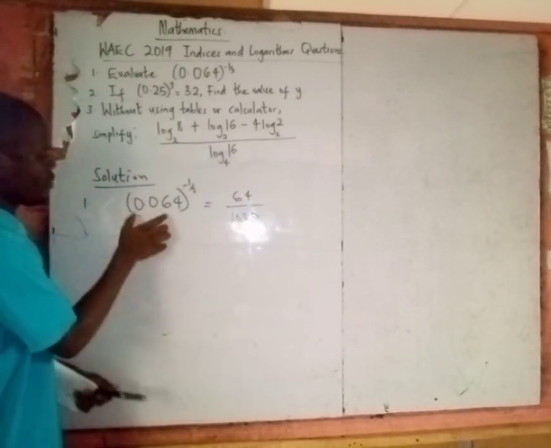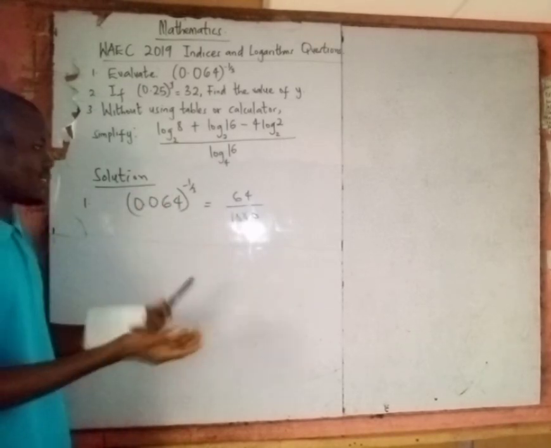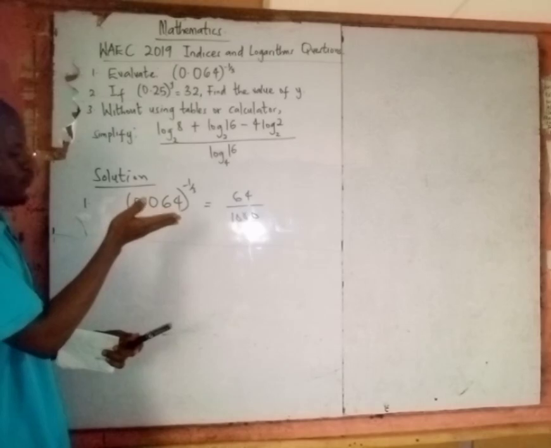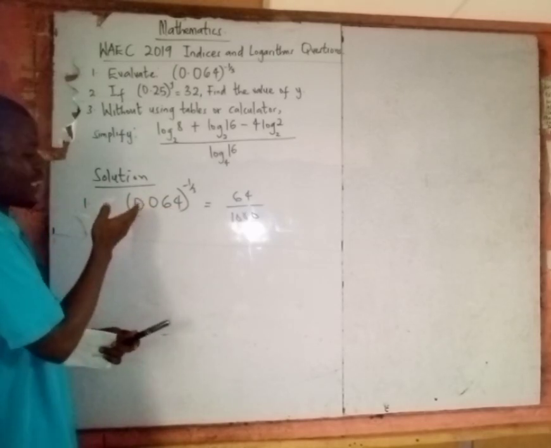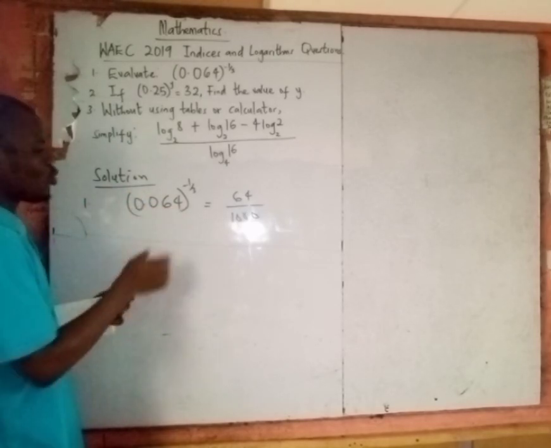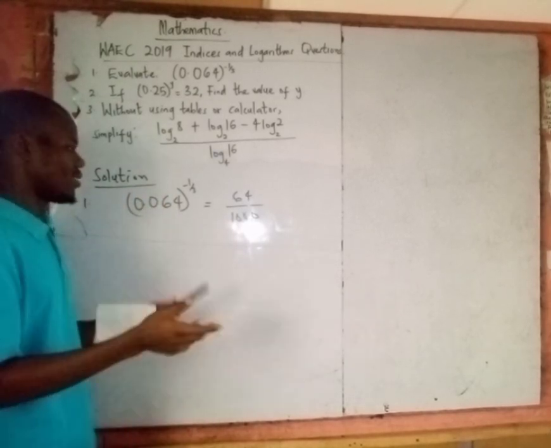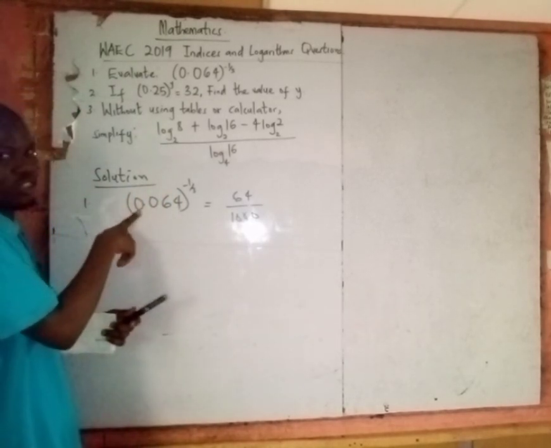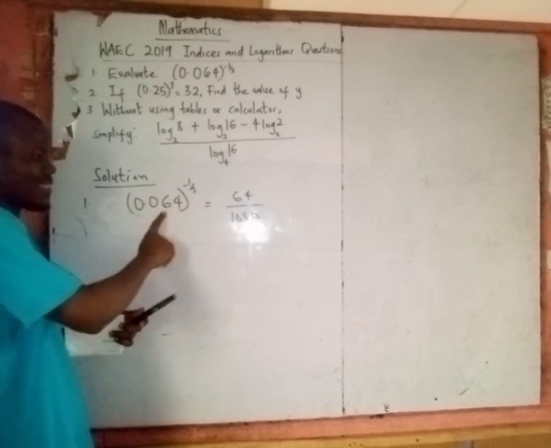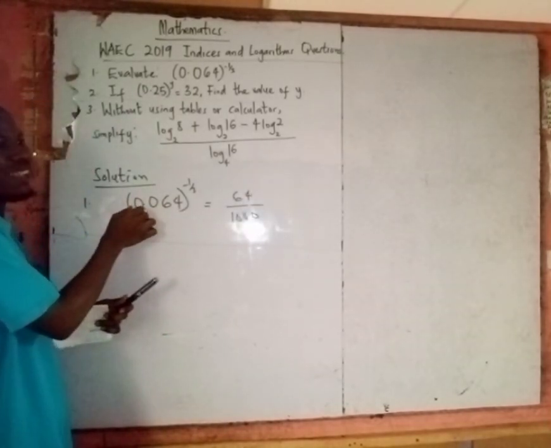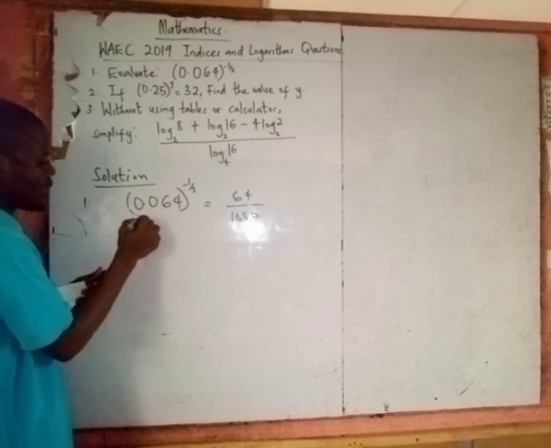So we know that this will give us 64/1000. How? If we have something in decimal form, starting with 0 point something, we look at the digits. The 0 is not there, then we have 6 and 4, so we take the 6 and 4. The first 0 we represent as 1.